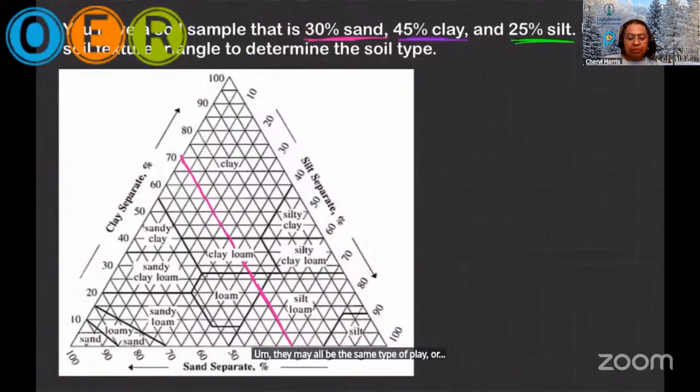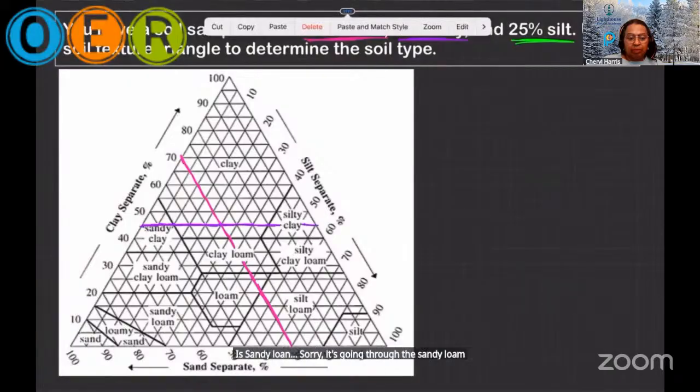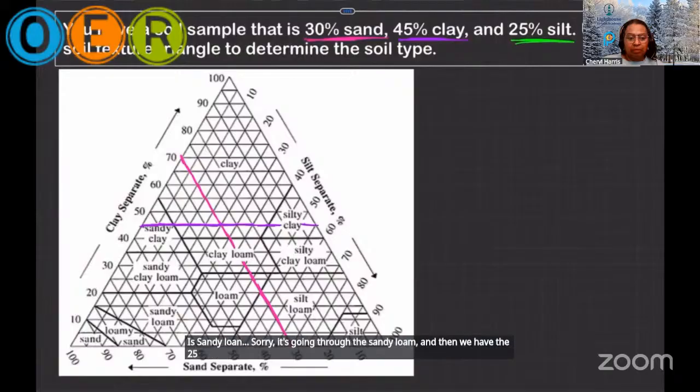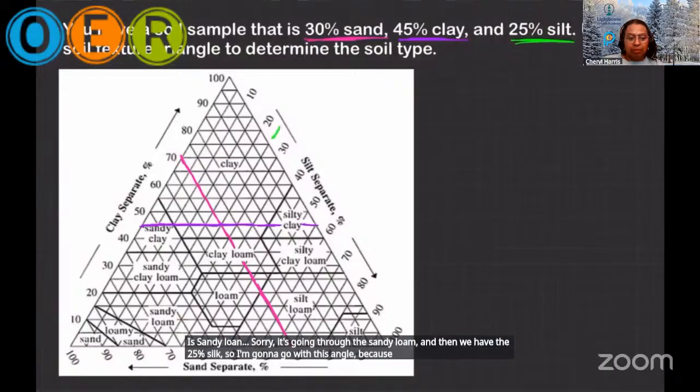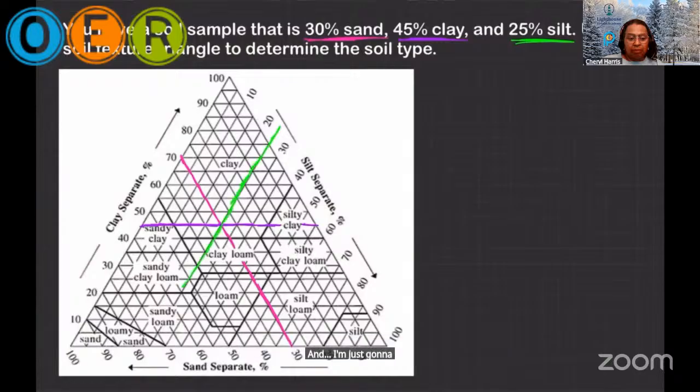I don't really know. Like I said, I just made it up. And so this one is sandy loam, it's going through the sandy loam. And then we have the 25% silt. So I'm going to go at this angle because the numbers are at this angle. And I'm just going to go straight through here.